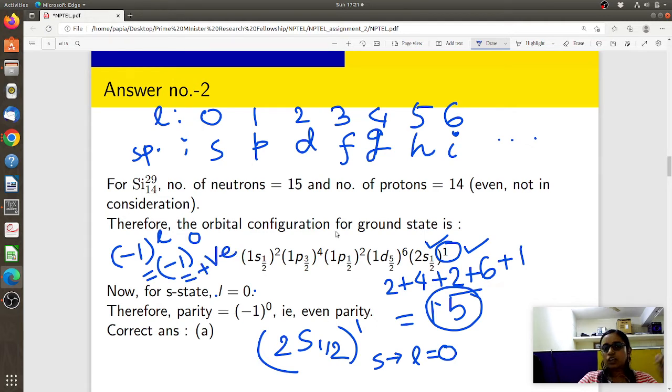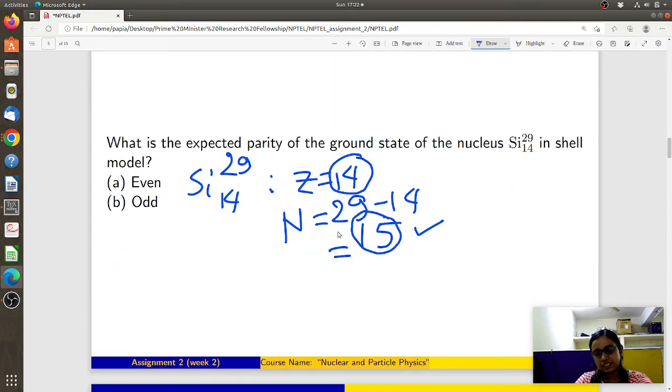So in that question, what was being asked was: what is the expected parity of the ground state of the nucleus silicon-29 in the shell model? We already wrote down the ground state configuration of the silicon-29 nucleus, and after that we first find the valence nucleon, and then we have the value of l.